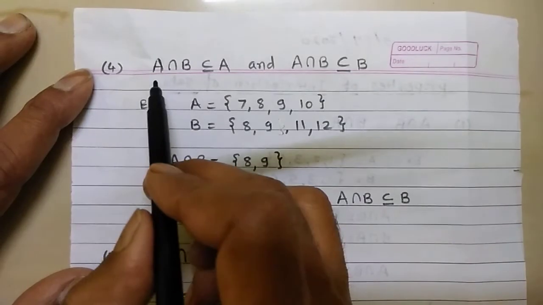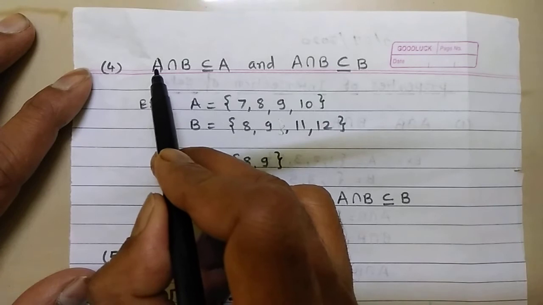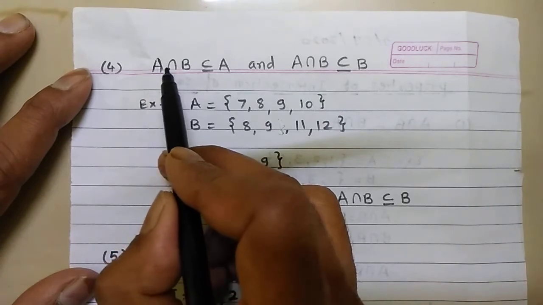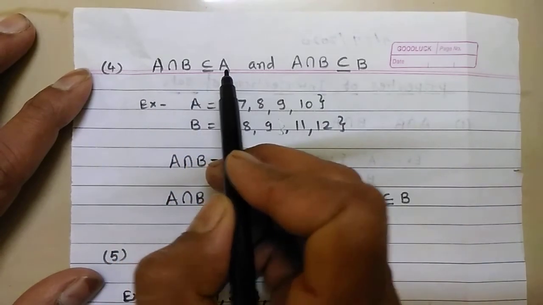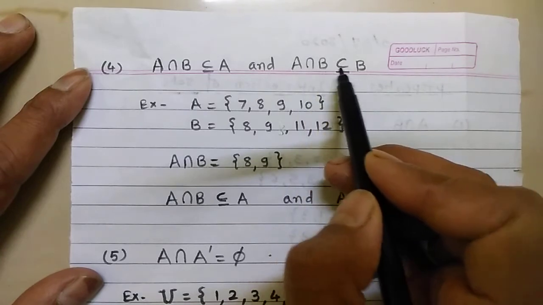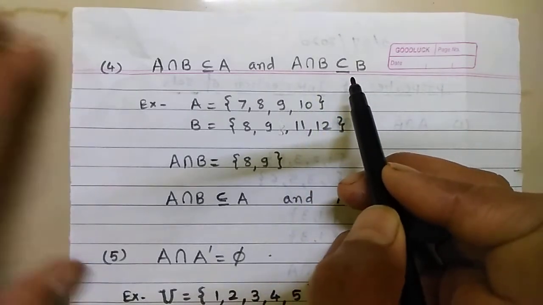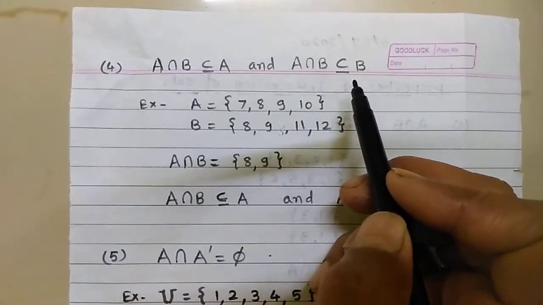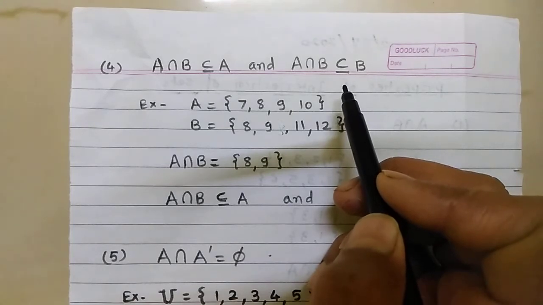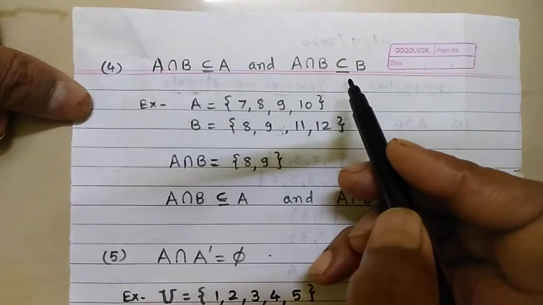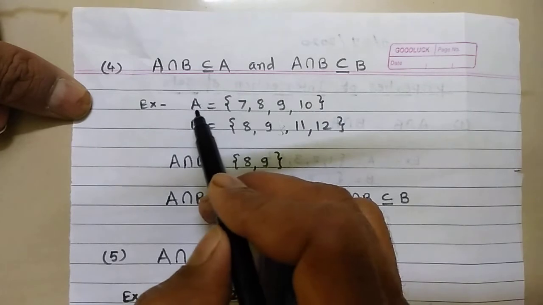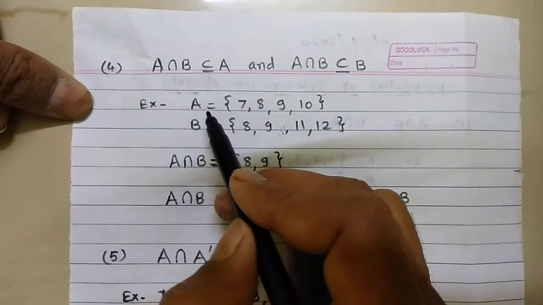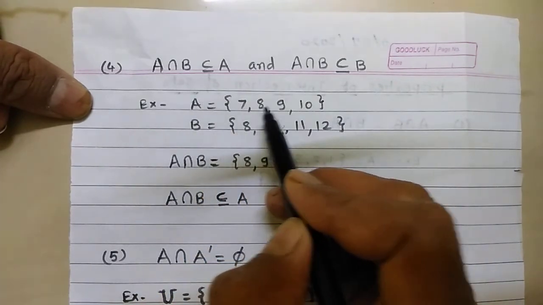Now fourth property. Property is this. A intersection B is a subset of A and A intersection B is a subset of B. That means the intersection set is a subset of both sets. To learn this property, I have prepared here the sets. A is equal to {7, 8, 9, 10}.